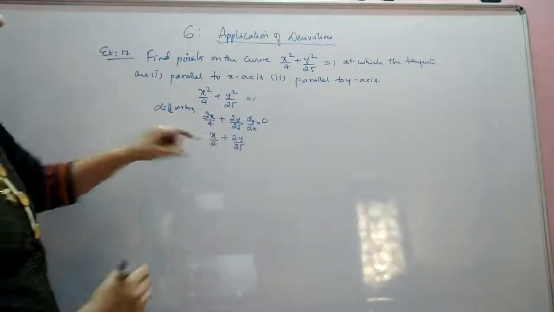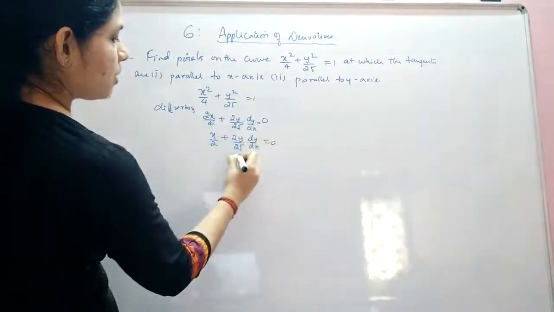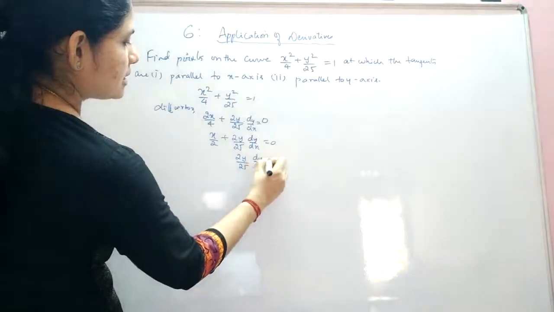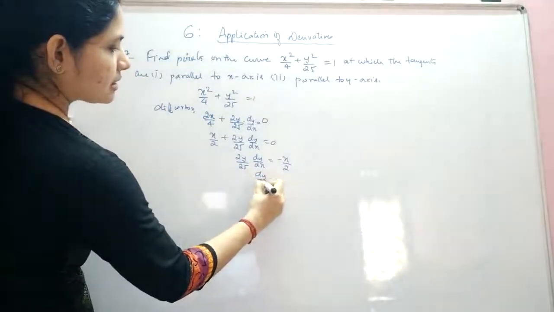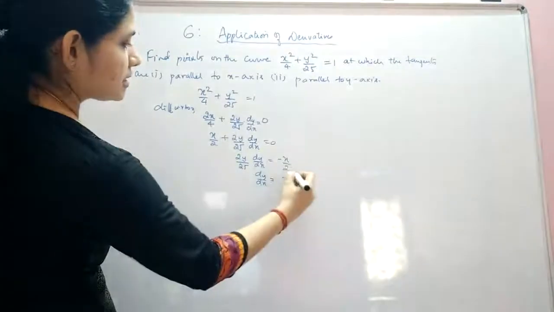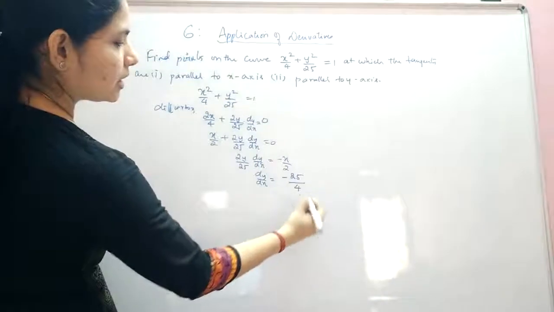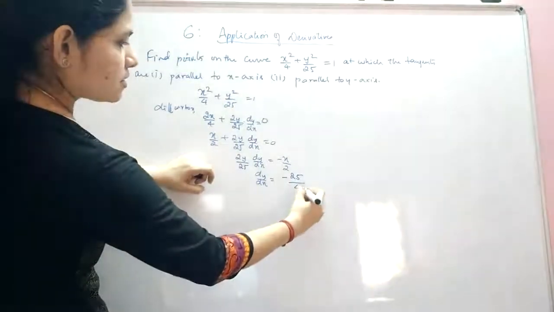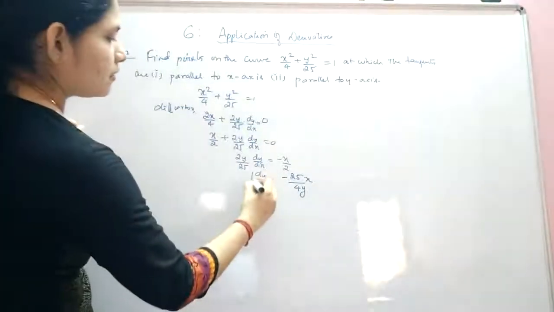So x by 2 plus 2y by 25 dy by dx equal to 0, or 2y by 25 dy by dx is equal to minus x by 2, and dy by dx is equal to minus 25 by 4, with y in the denominator and x in the numerator. So this is your dy by dx.